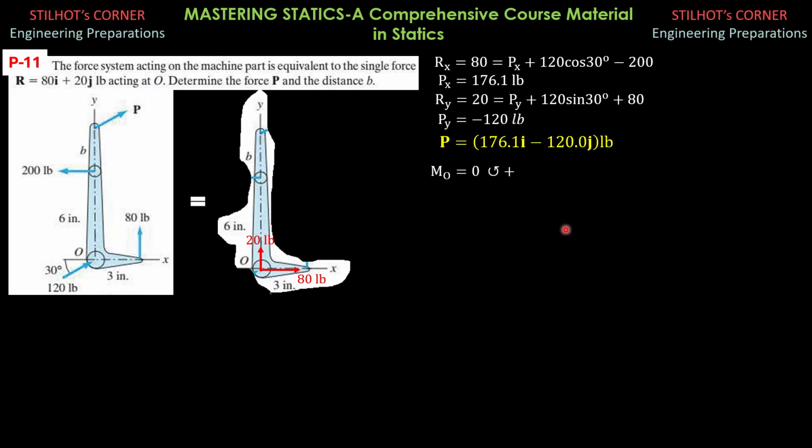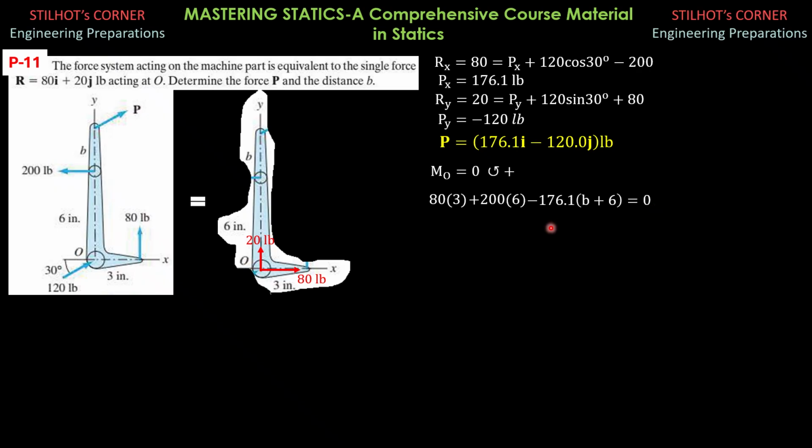We begin with the moment summation: 80 times 3, then minus Px times quantity b plus 6, so plus 200 times 6, then minus the x component of P, which is Px, times moment arm b plus 6.